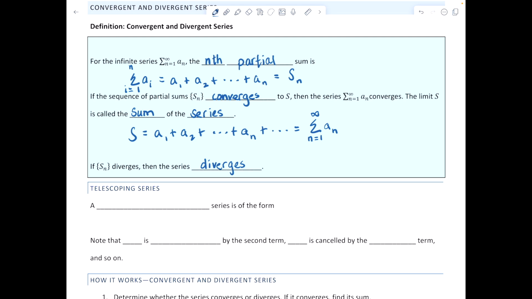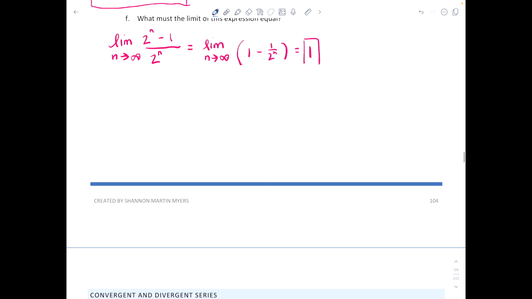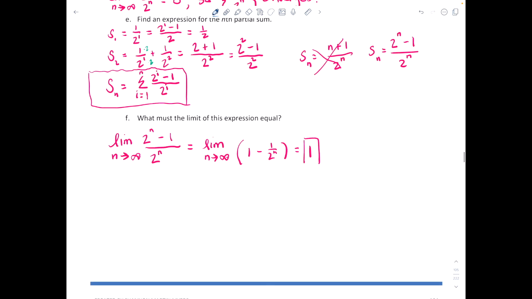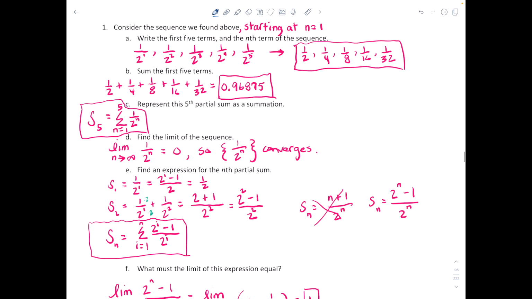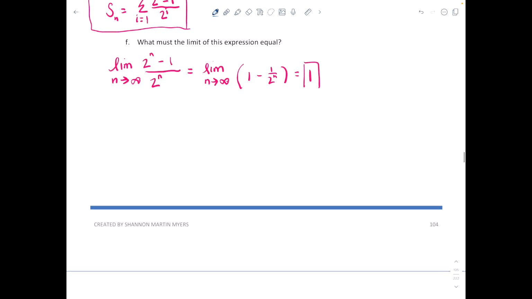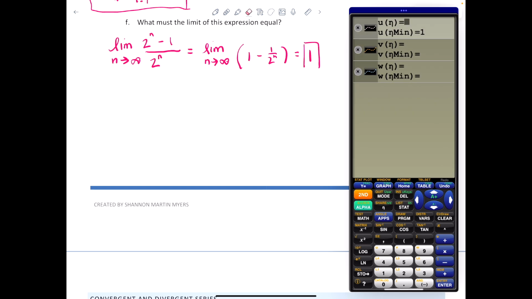Okay, so let's take a look at what we were looking at in our warm-up. We basically derived the geometric series starting at 1, what that infinite sum would be. And so this is the expression that we found.